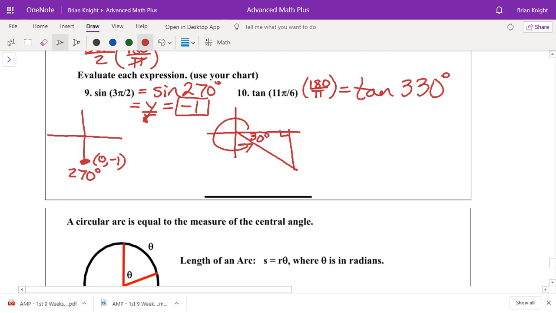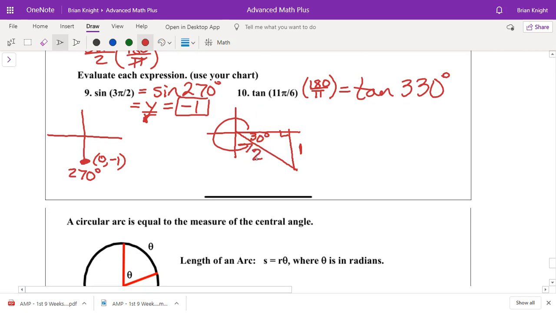So this is what kind of triangle? It is a 30, 60, 90 triangle, which means my short leg I'm going to let be 1. My hypotenuse is then what? The short leg times 2.